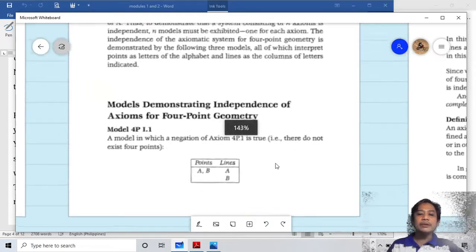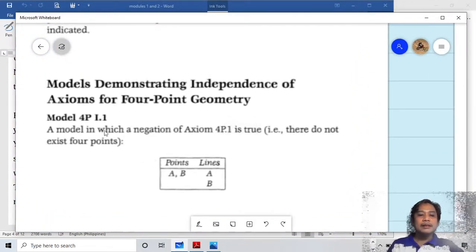Here we see the model showing that axiom 4P.1 is independent. It is a model wherein there are only 2 points, so axiom 1 is not true. But axioms 2 and 3 are true. Why? Because since there are only 2 points, there is only one pair, AB, and such pair is on a line.